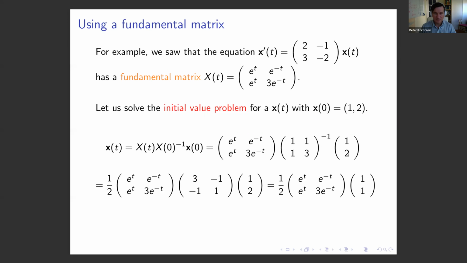Which by now should be an easy exercise for you. So you invert the matrix: the diagonal elements switch places, you need to negate the off-diagonal elements, divide everything by the determinant, which is 2, and then you do the computation. So eventually you get 1/2 times e to the t plus e to the negative t, and e to the t plus 3 e to the negative t.